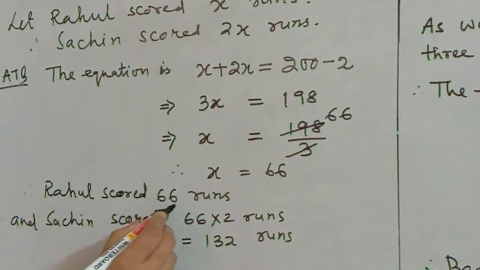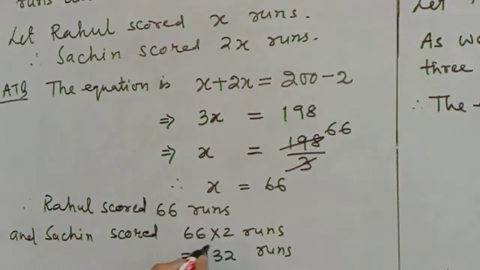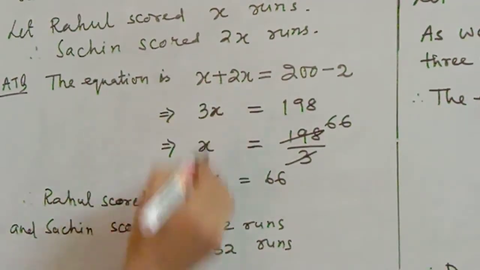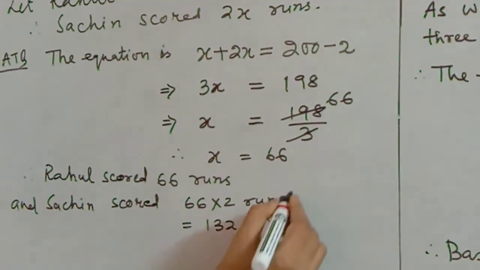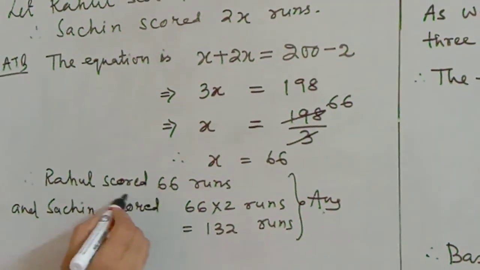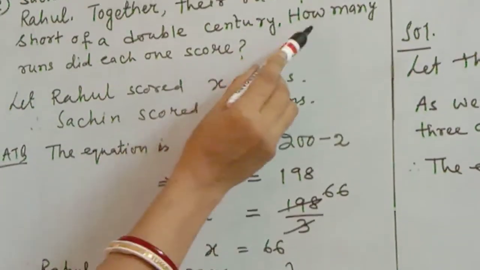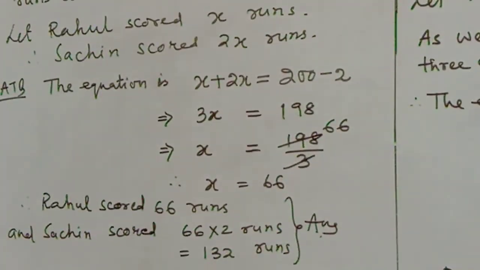Rahul scored 66 runs and Sachin scored twice Rahul's runs, so 2 into 66 runs, that is 132 runs. This is the answer, because you have to find how many runs each one scored. Their runs are given here.